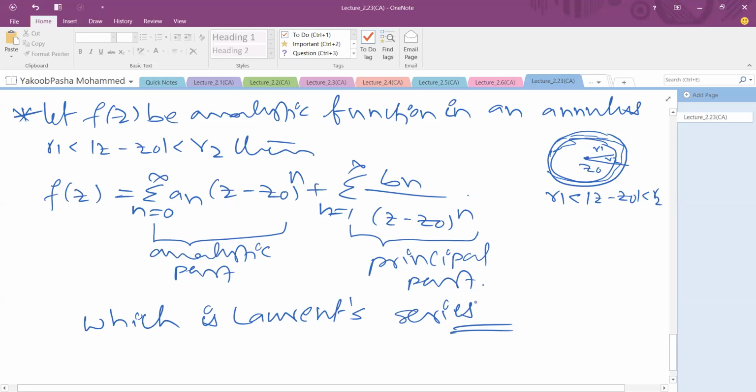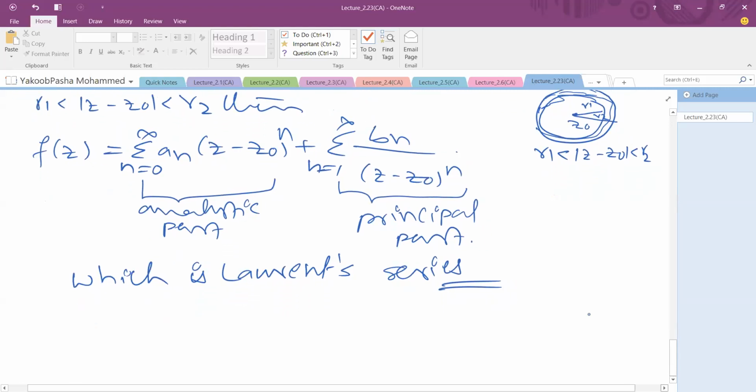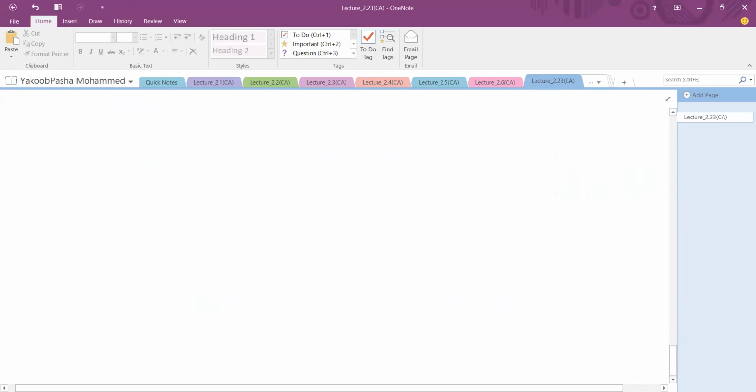Here the question is asked as: expand the function in Laurent series about z equal to z0, or expand the function in Taylor series when z equal to some values.